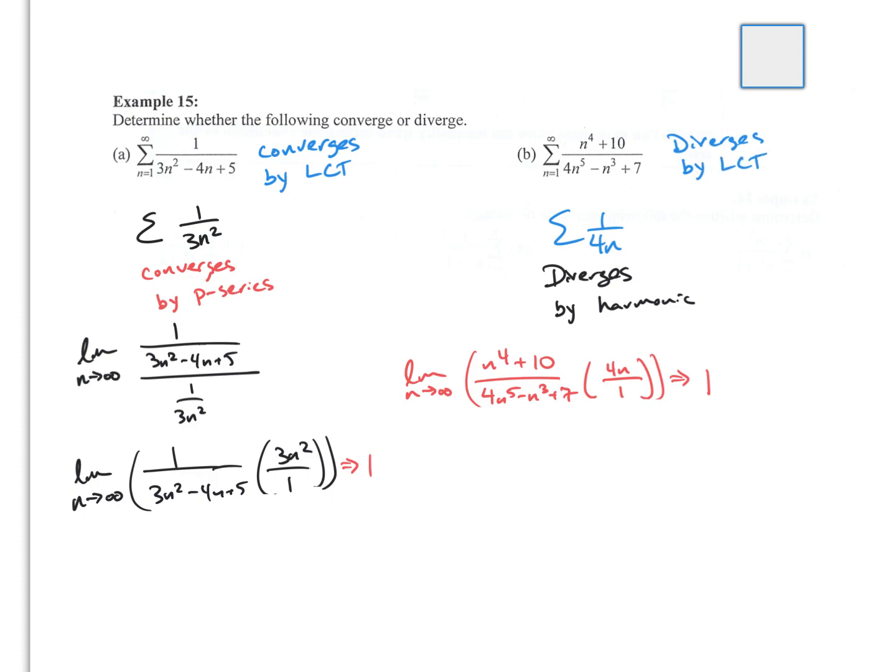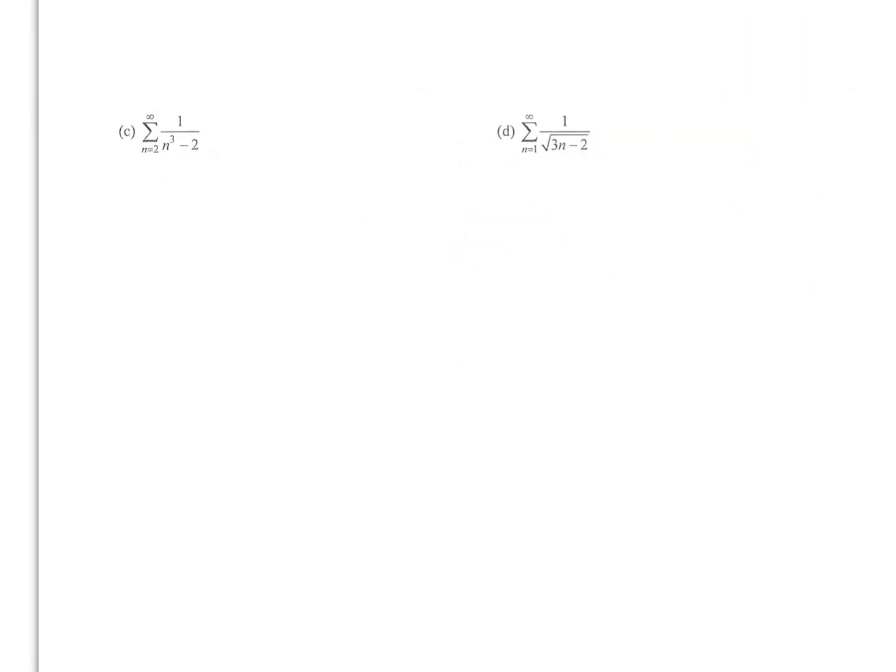By LCT. All right, so what are we going to compare this one to? 1 over n cubed. First of all, does it pass the nth? Yes. So we need another test. We're going to compare it to 1 over n cubed, which does what? Converges, why?